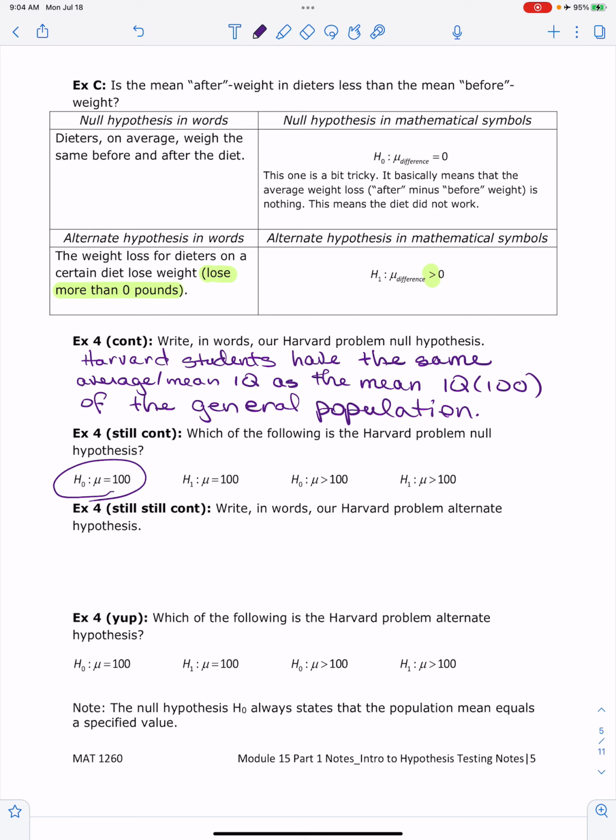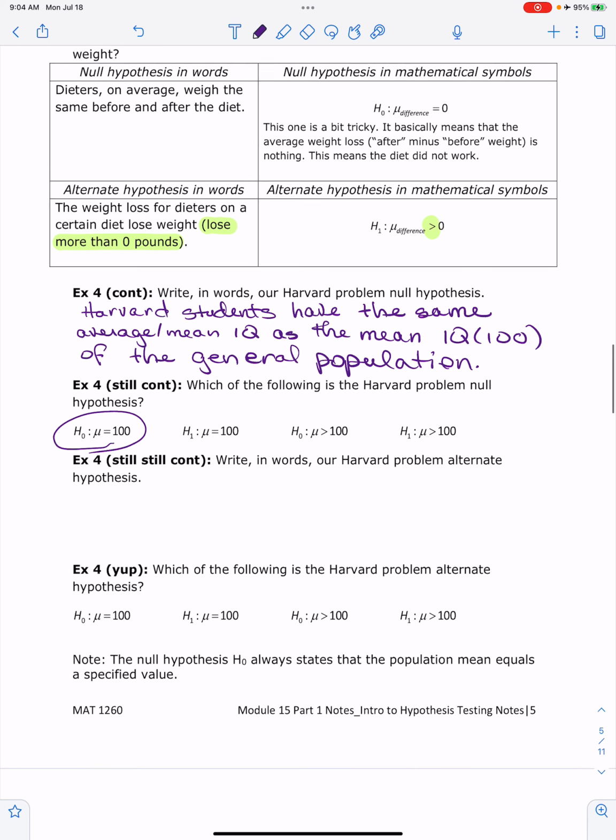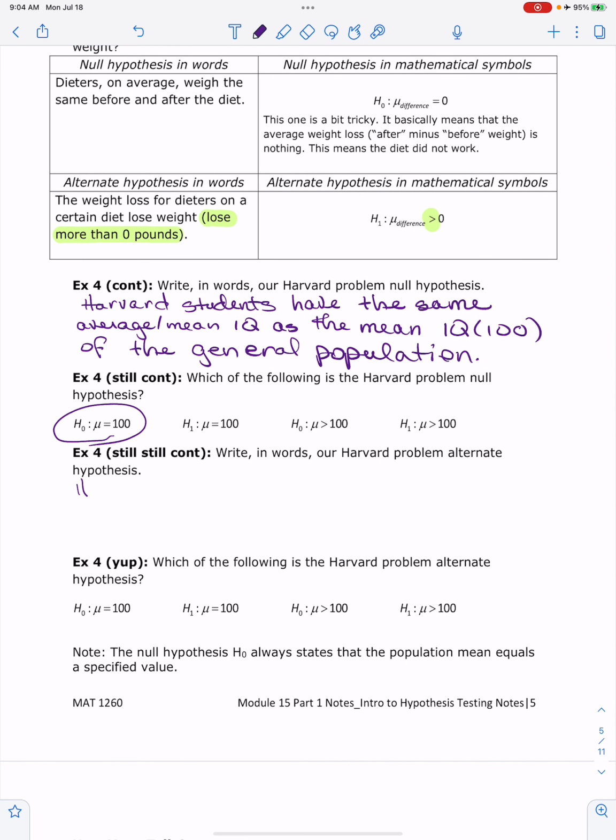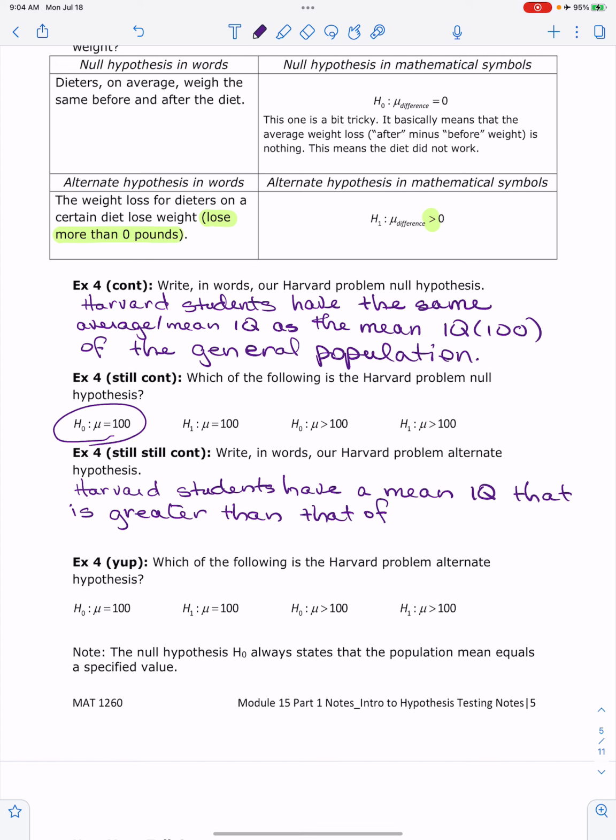Here's my example 4. We want the alternate hypothesis, which basically is our research question restated. So Harvard students have a mean IQ that is greater than that of the general population.